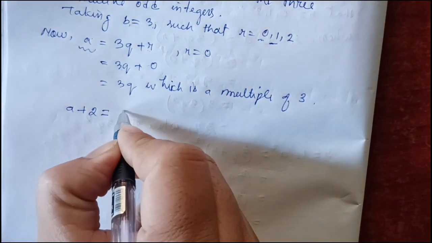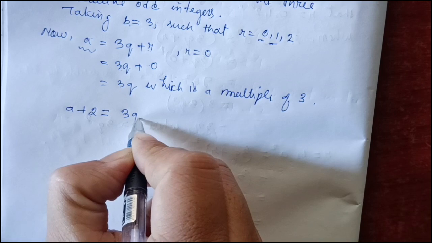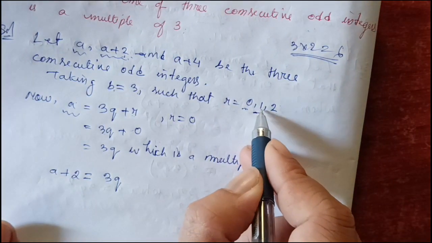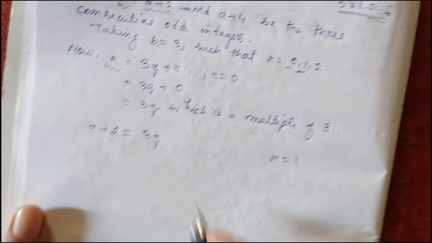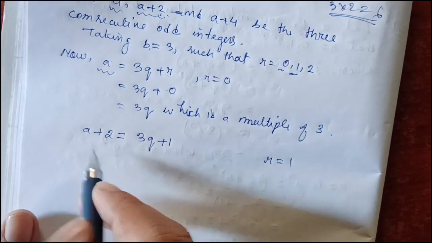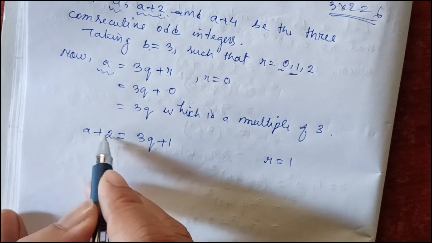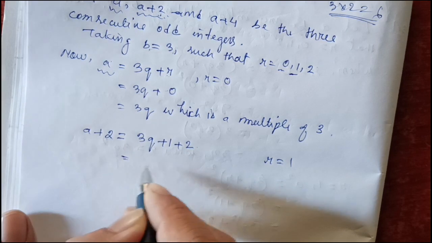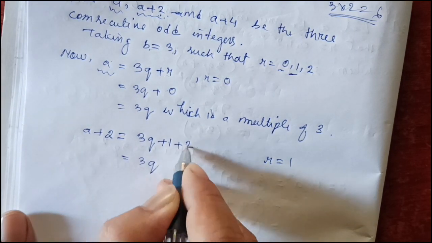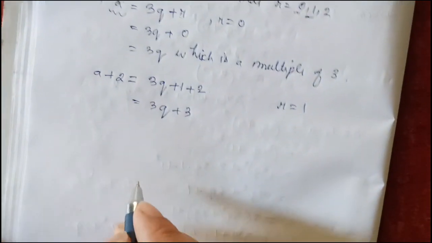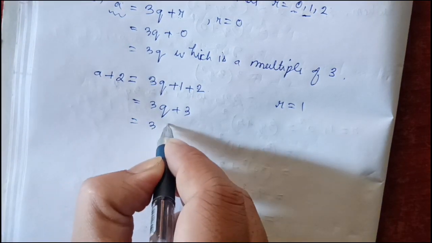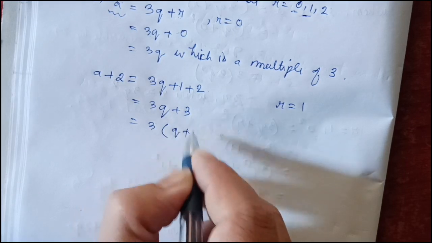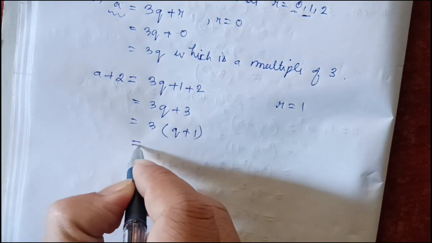Then 3q, when r equals, now our r should be 1, right? That means 3q plus 1. From the question we have another plus 2, right? So plus 2. 3q, you know the 2 plus 1 is 3. Take 3 common. If you take 3 common, here only q is remaining, here 3 1s is 3.